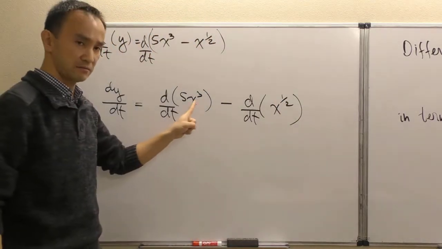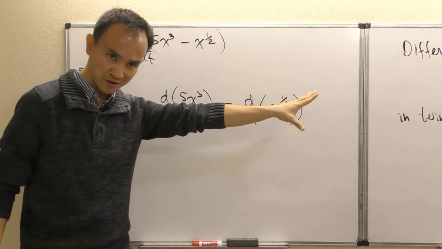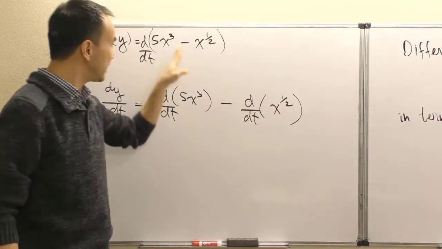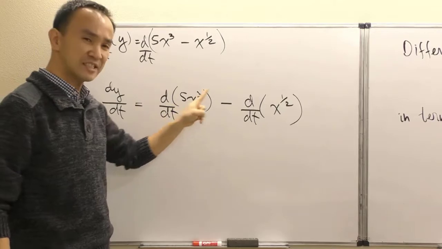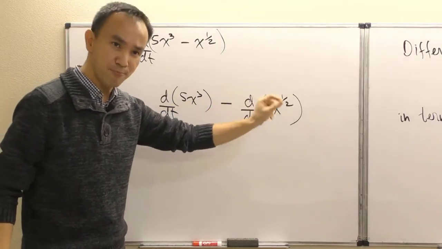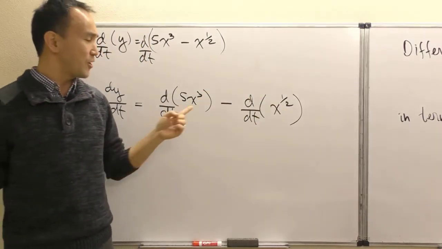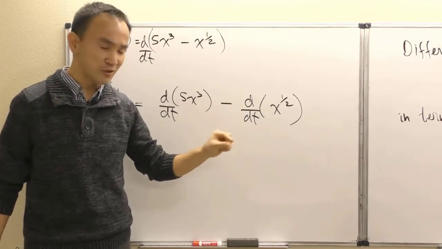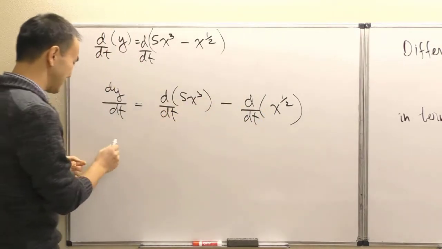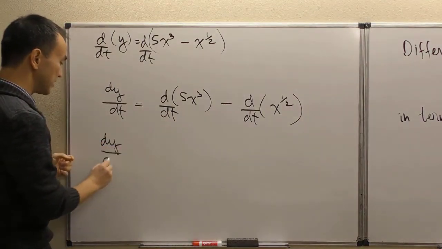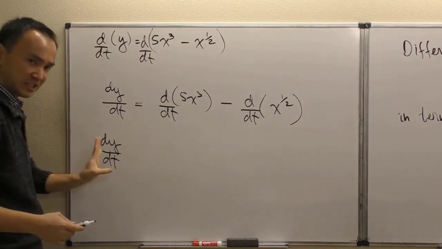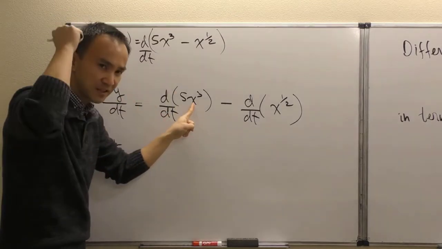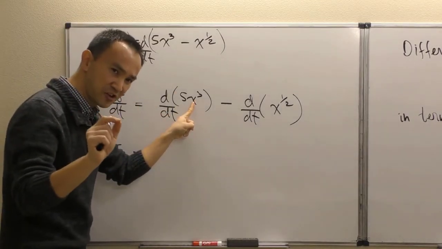But again, recall from what I explained earlier on the other board, even the x variable in our current equation is a function of t implicitly. So in my next step, the left-hand side stays the same, dy dt. On the right-hand side, keep in the back of your mind, x is a function of t.